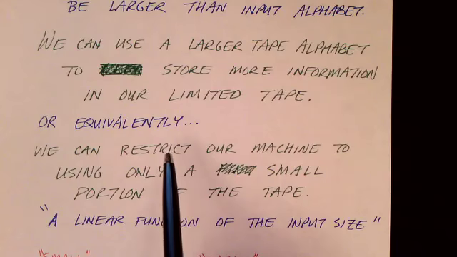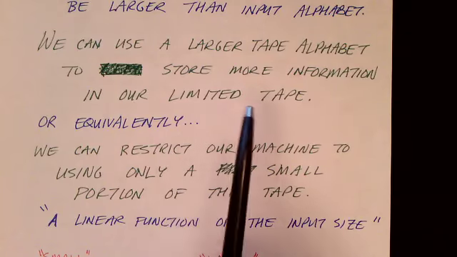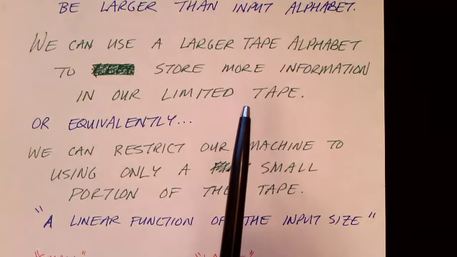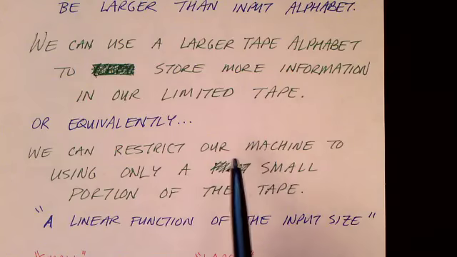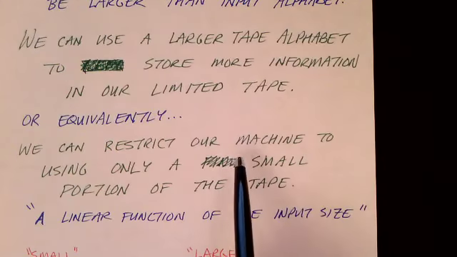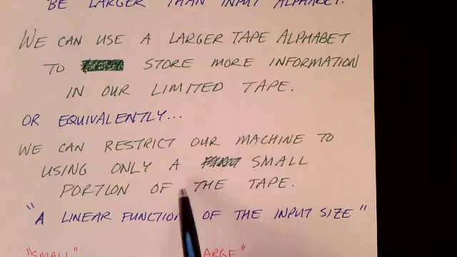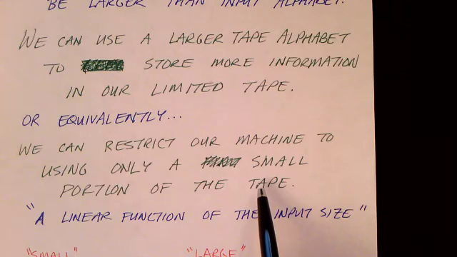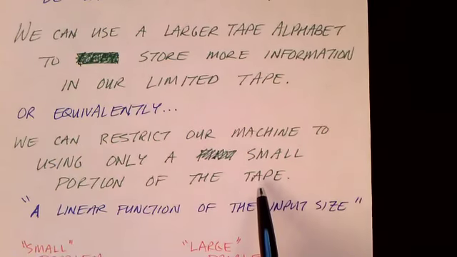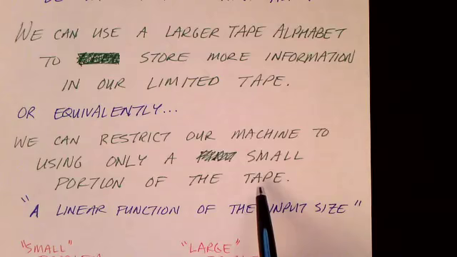Equivalently, we can say, instead of increasing the tape alphabet to enlarge the amount of information we can store, we can restrict our machine to using only a small portion of the tape, rather than allowing an infinite tape to be available for any computation.